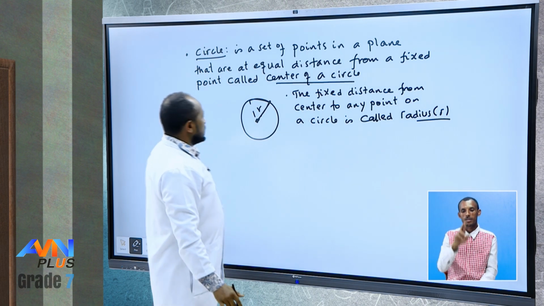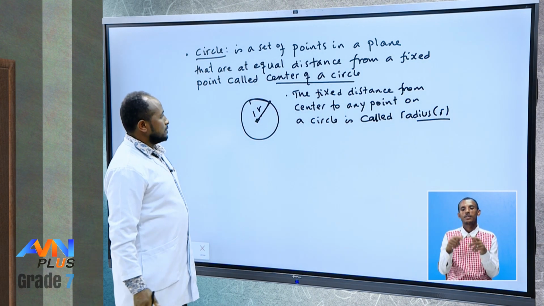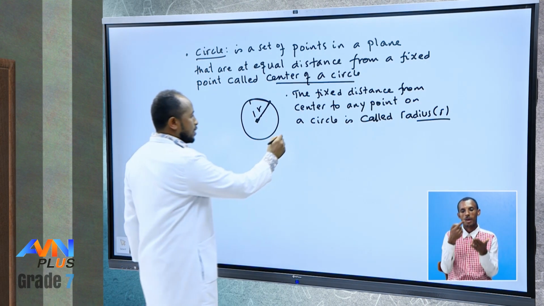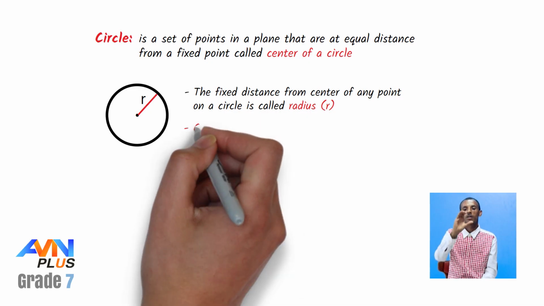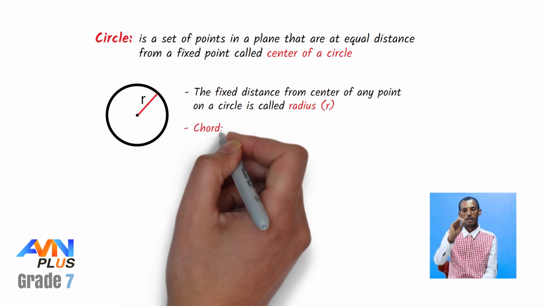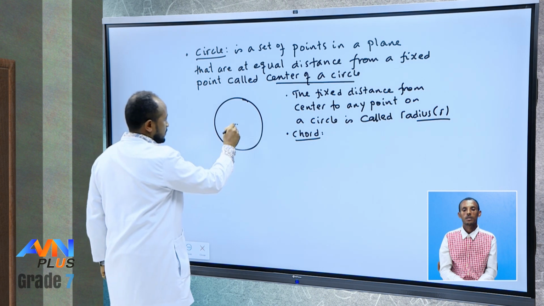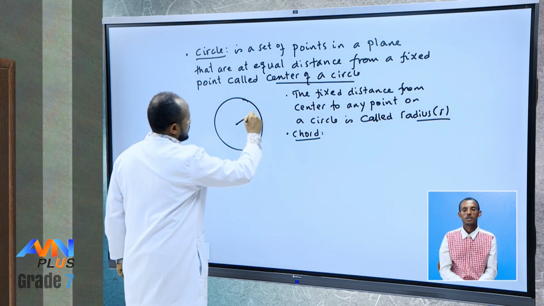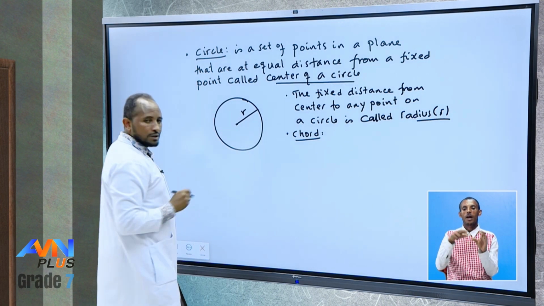We have another terminology here. The other term is a chord. We say this one is the radius, this one is the center of the circle.